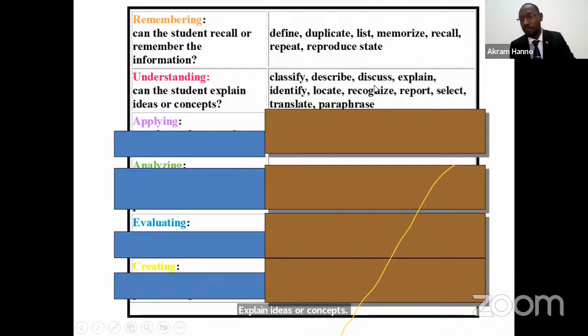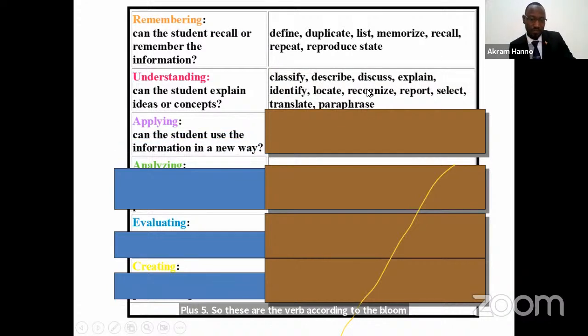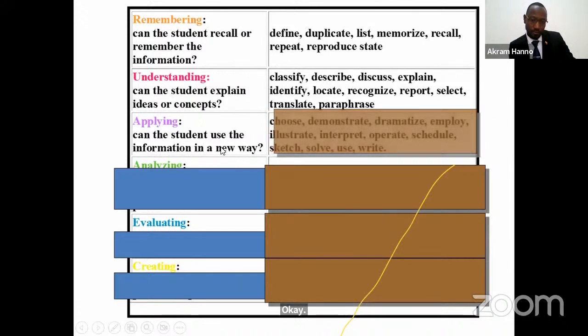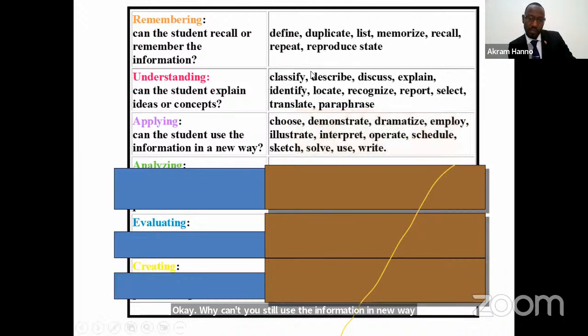So these are the verbs according to Bloom's taxonomy. Apply: can the student use the information in a new way? Choose, demonstrate, dramatize, employ, illustrate, interpret, operate, schedule, sketch, solve, use, write.